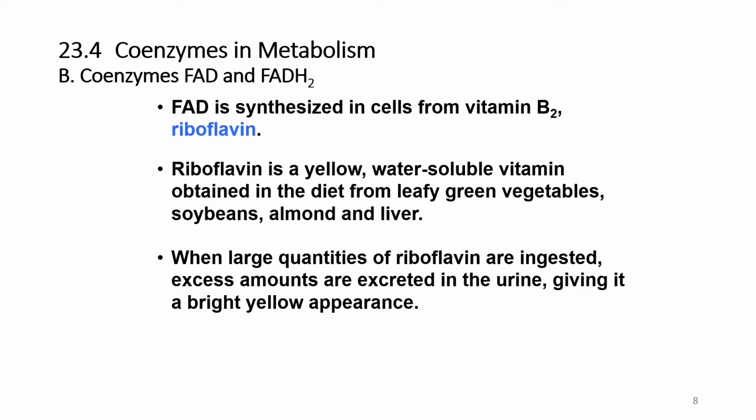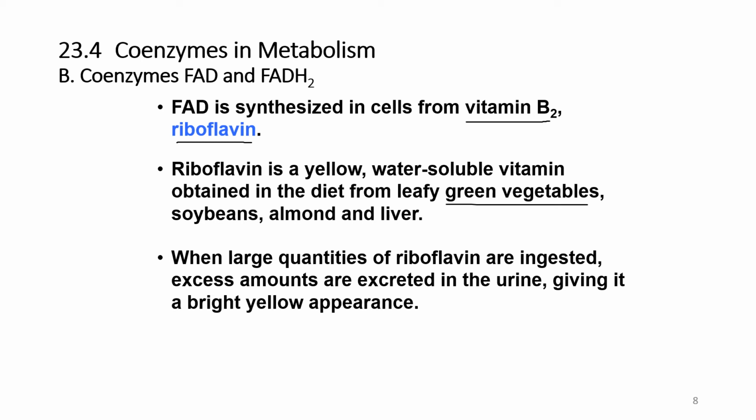So FAD is made from vitamin B2, which is riboflavin. It has a yellow color. It's a water-soluble vitamin. We get it from our diet, from leafy green vegetables, soybeans, almond, liver.